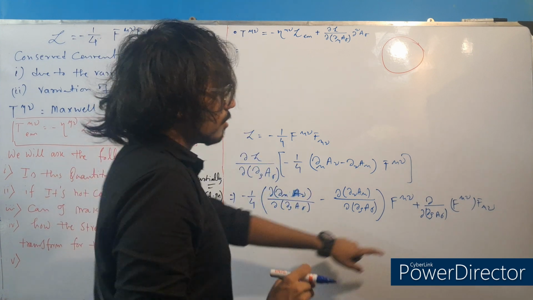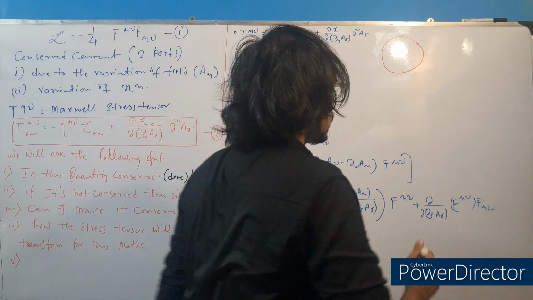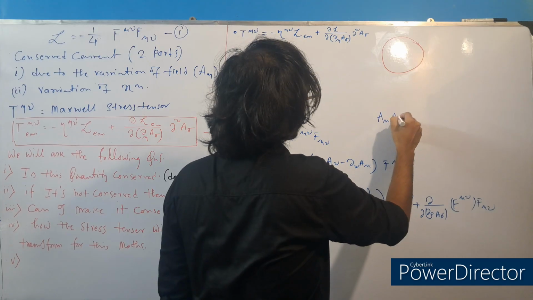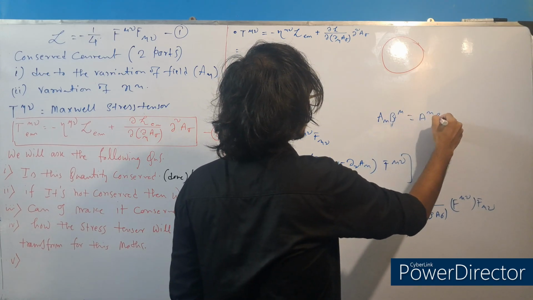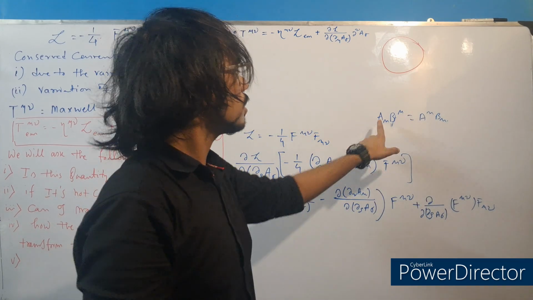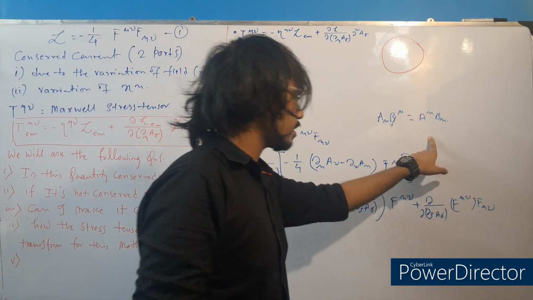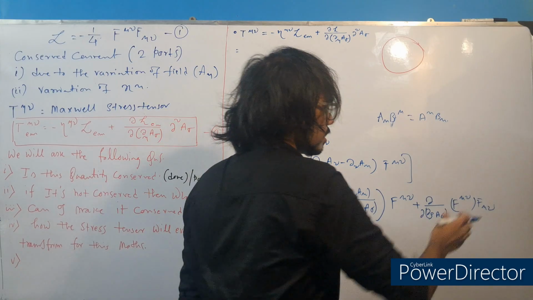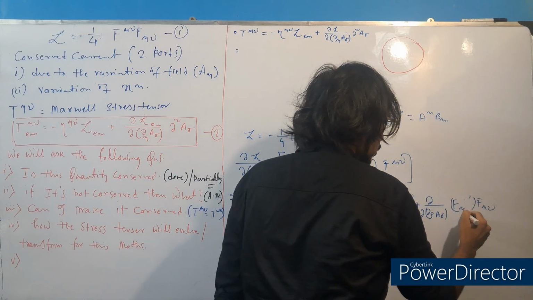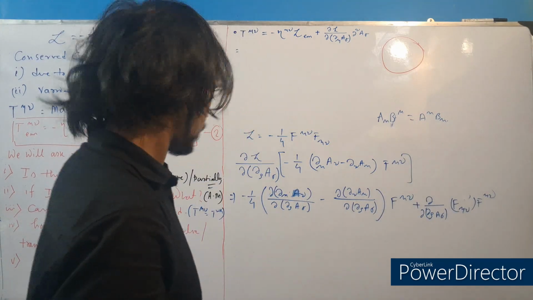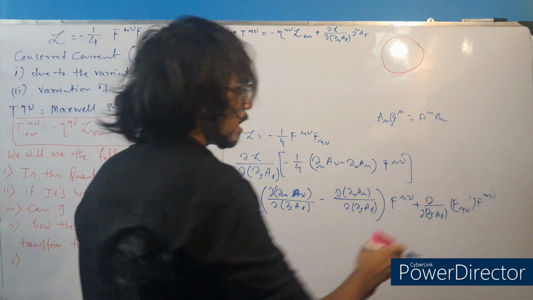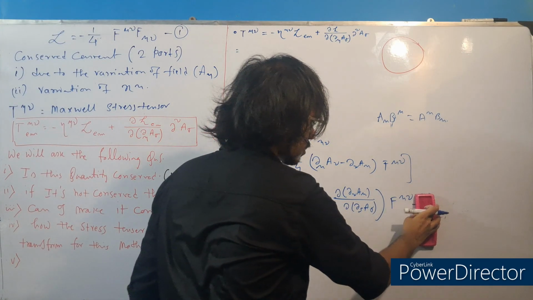But here I will perform a trick. We know that A mu B mu is basically the same as A nu B nu. It does not matter in which manner I write the contracted index. So I will just write mu nu and mu nu. It is not necessary to write out the second derivative part.